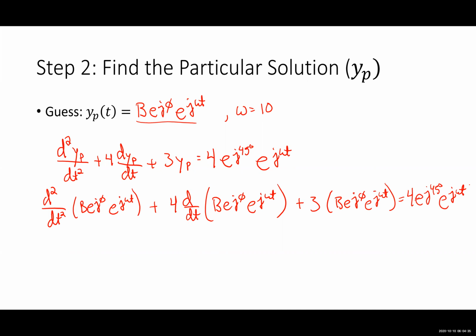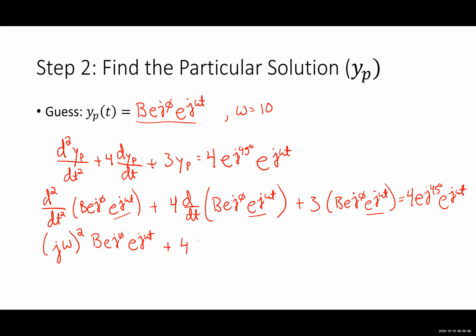So I take the second derivative. Now the only terms over here that have t are the e to the j omega t terms, right? So those are the only terms I can take the derivative of. If I take the second derivative here, I'm going to get j omega to come down two times. So I have j omega squared times b e to the j phi e to the j omega t plus, again, now I get a first derivative.